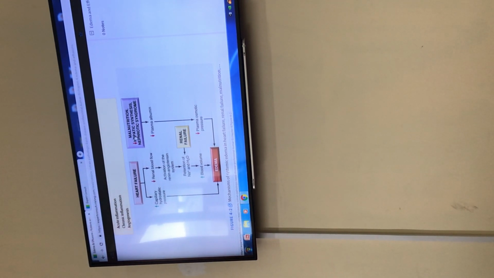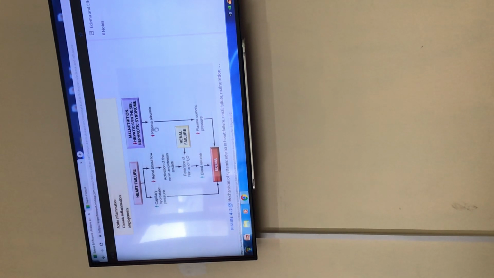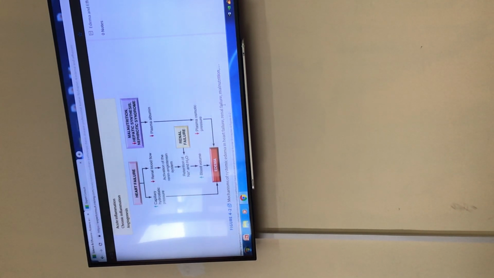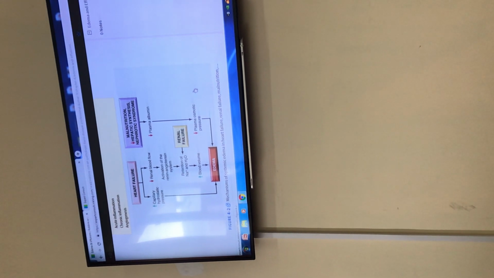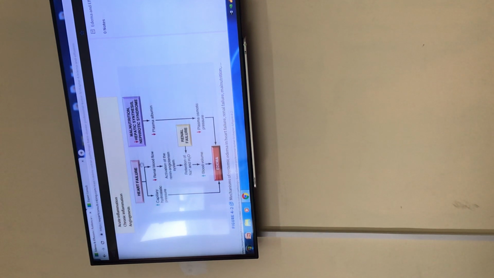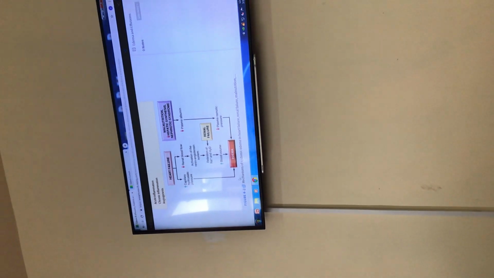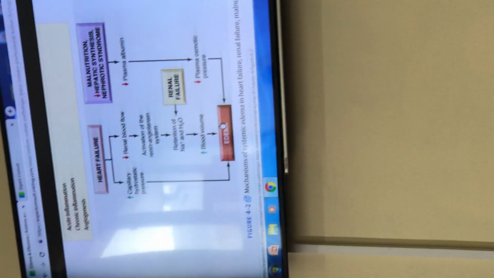Or if there is hepatic disease where protein synthesis is decreased, or malnutrition, the result of all this is the same, hypoproteinemia. This causes low osmotic pressure. And when there is heart failure, hydrostatic pressure is high, and this will cause edema.